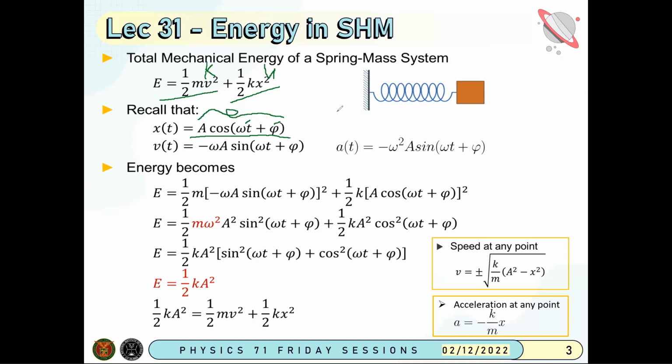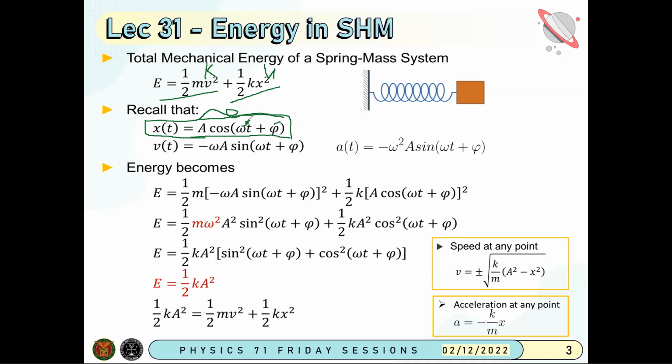So any system undergoing simple harmonic motion always has this position over time. Magbabago lang yung form ng omega depende sa type ng system. So makikita natin later on kung paano nagbabago yung omega.